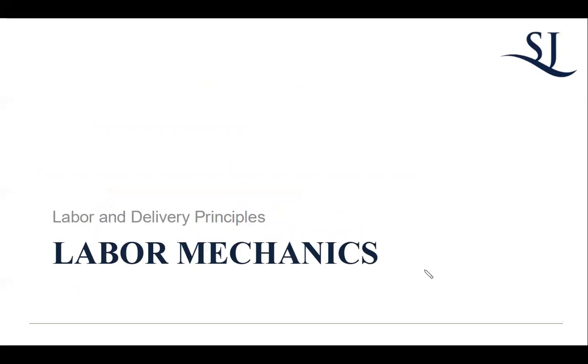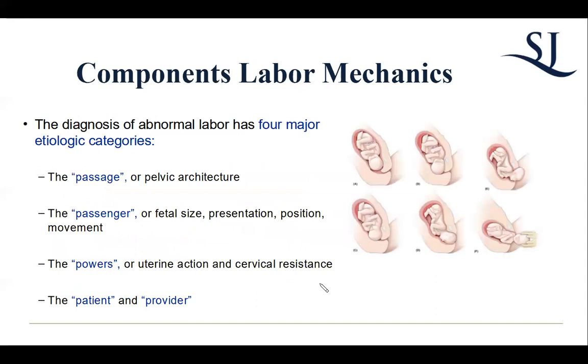So let's move on to talking about the labor mechanics. What I mean by that is that this is not going to review all the foundational material, but just the highlights that you really need to understand for your clinical exposure and also for your examinations. Remember that labor basically involves 4 components.